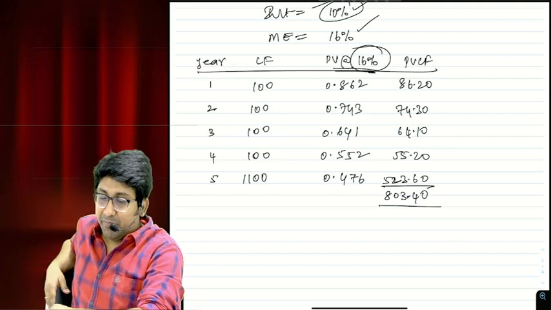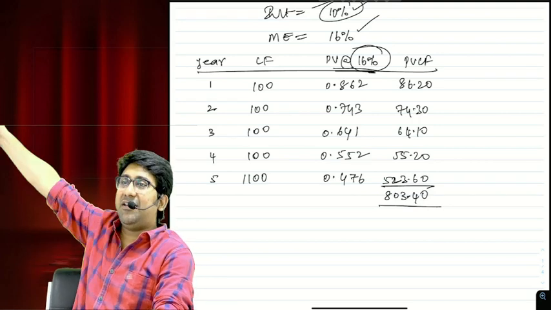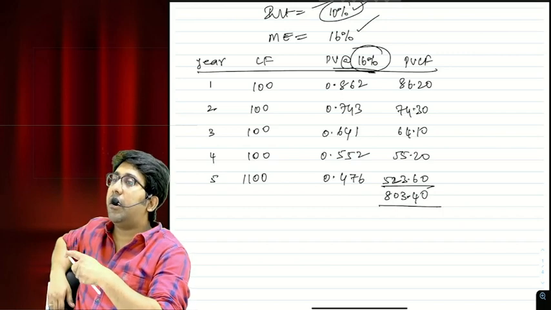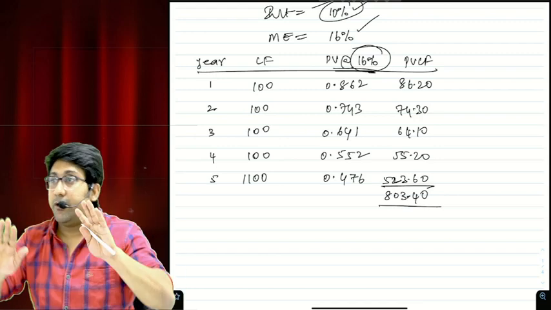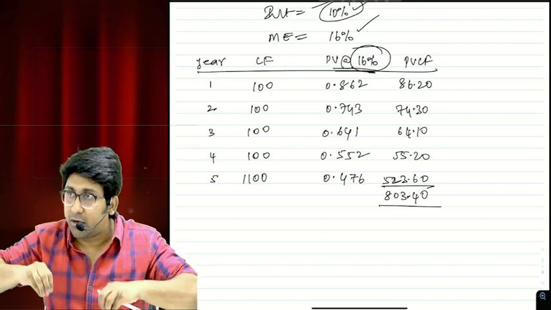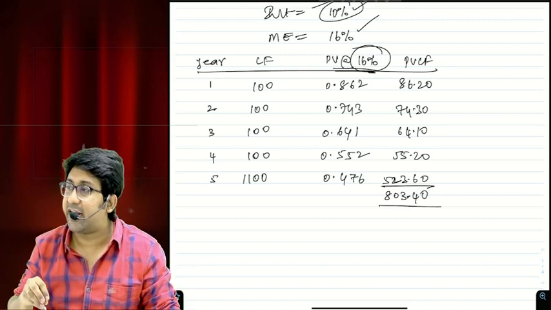Sir, anyway, if you observe this market scenario clearly, how much is the value of this debenture? 803. Today if you have to invest in the bond, will you purchase at 1000 or at 803.4?